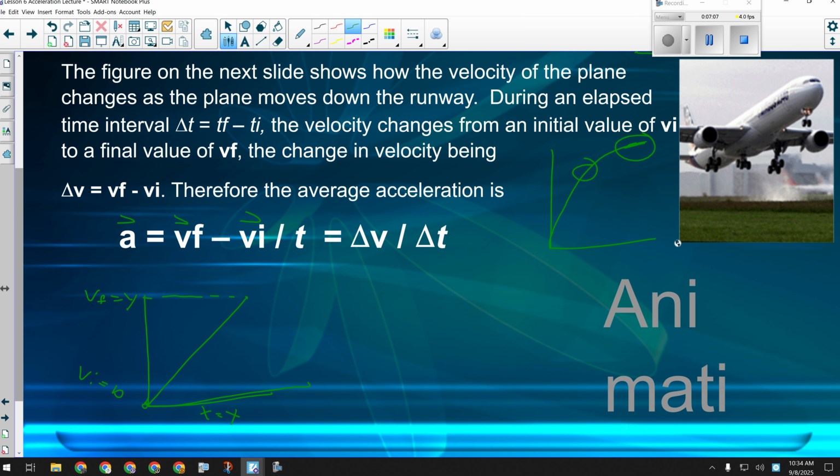You're finding the slope of that line when you use that formula. You're taking the change in velocity, the change in y minus b, and dividing it by the change in time, or the run of x. Making sense?